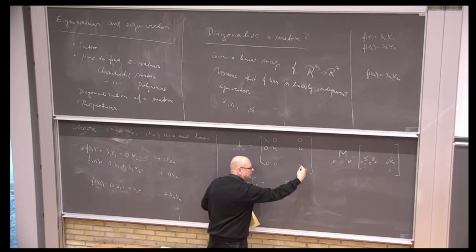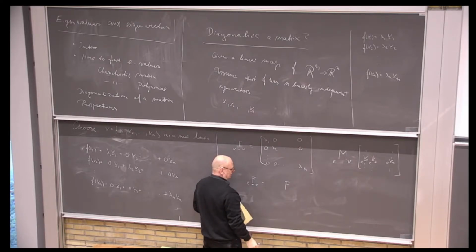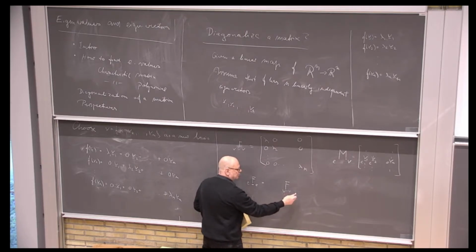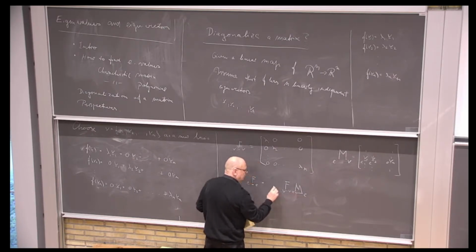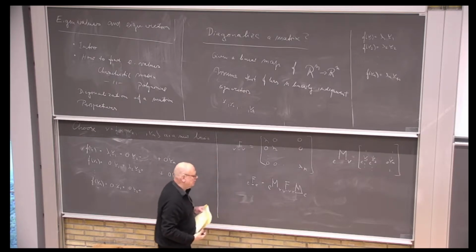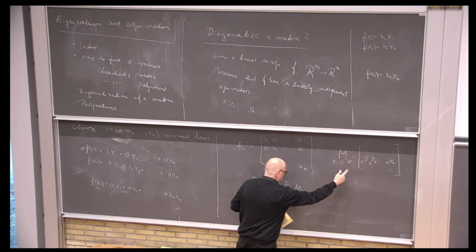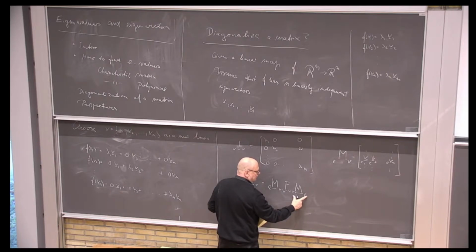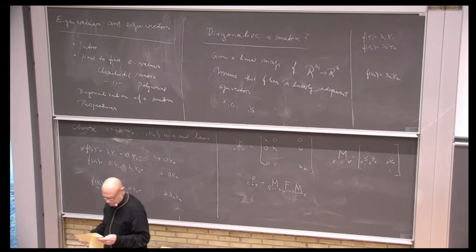If I have found this mapping matrix with the eigenbasis, I have to shift from E to V, and here I have to shift from V to E. So if I pre-multiply by this one, which I have written down up here, and then post-multiply by this one, which is the inverse of this one, I get the ordinary matrix.